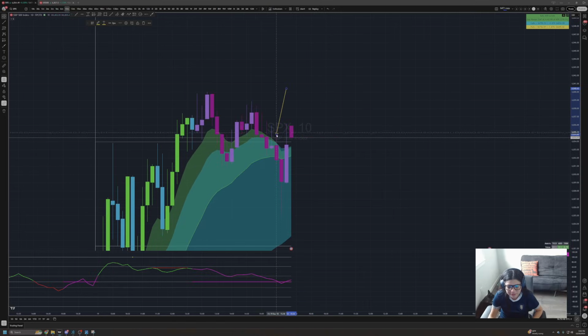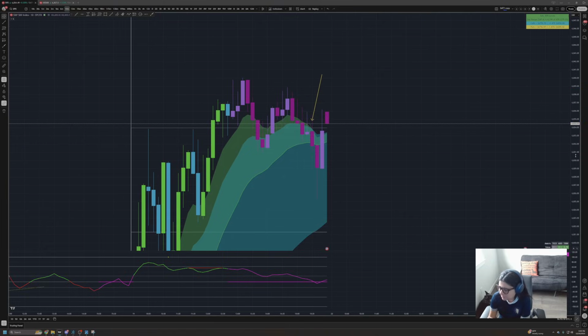Whereas when this second one towards the end of the day was happening, the 8 and the 13 EMA were getting really thin and kind of diverging a bit, and it looked like we were getting ready to tap that 21 EMA.